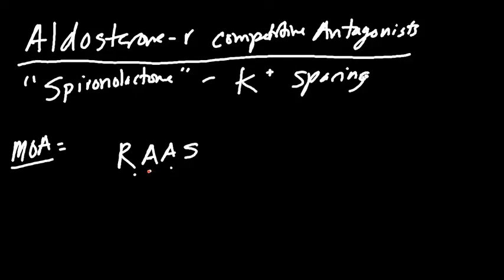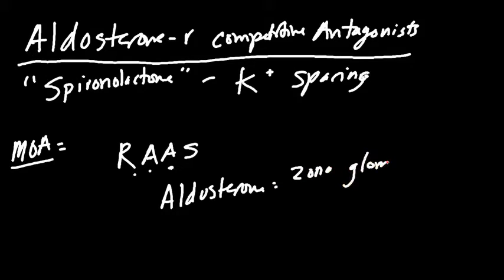Angiotensin 1 goes to angiotensin 2, and angiotensin 2 will stimulate aldosterone release from the zona glomerulosa of your adrenal gland. I do have a video on this if you want to recap. Otherwise, that's about all you really need to know for this lecture.